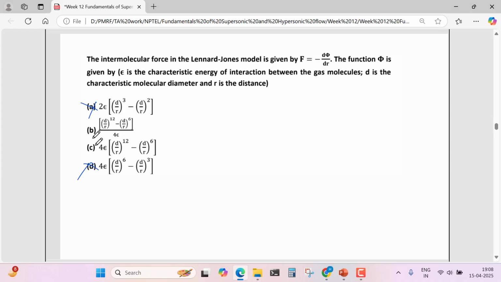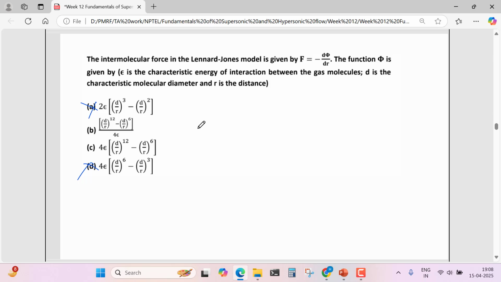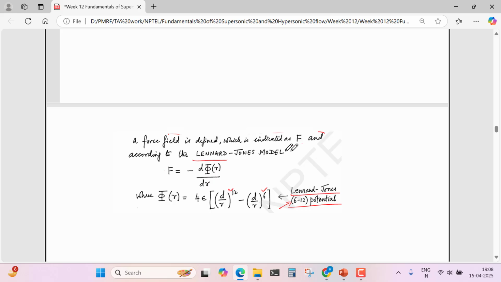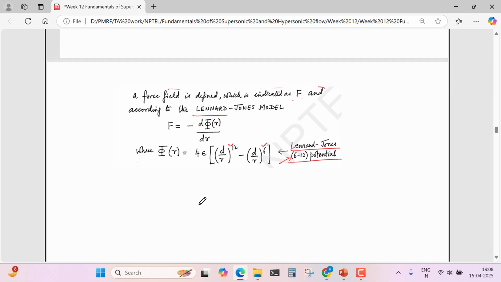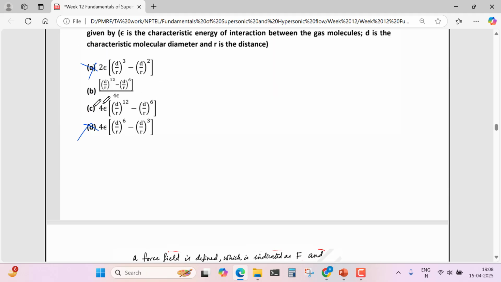The only possibilities of being correct are B and C. So now we'll see that a force field is defined for the interaction of the molecules, which is indicated by F, and according to the Lennard-Jones model, F equal to minus d phi r upon dr, and this phi r is given by 4 epsilon d upon r to the power 12 minus d upon r to the power 6, which is called the Lennard-Jones 12-6 potential. So this will be the correct answer, which matches with option C. So option C will be the correct answer.